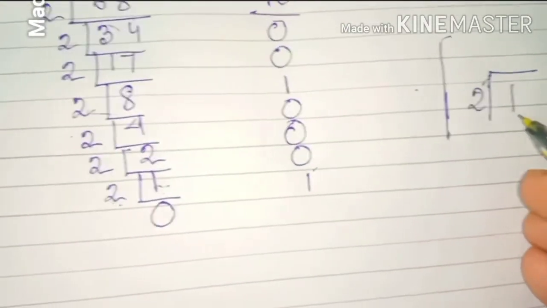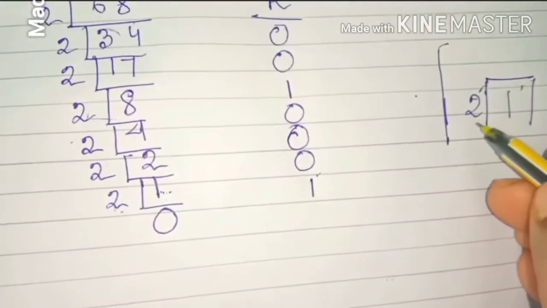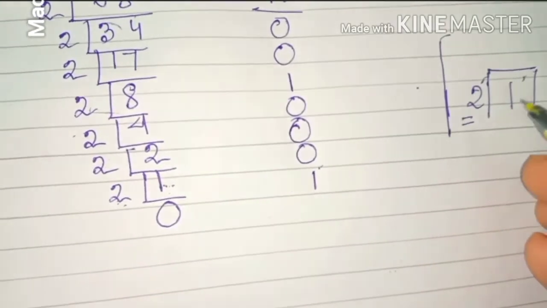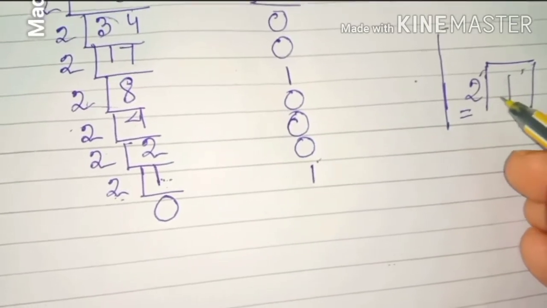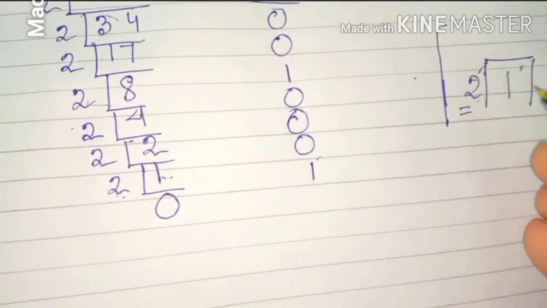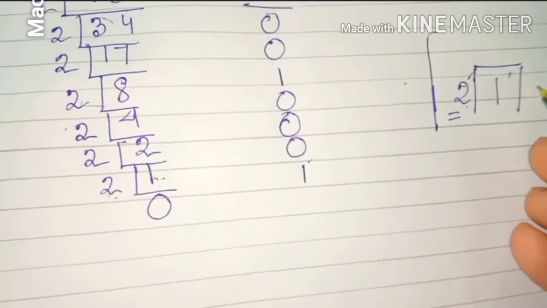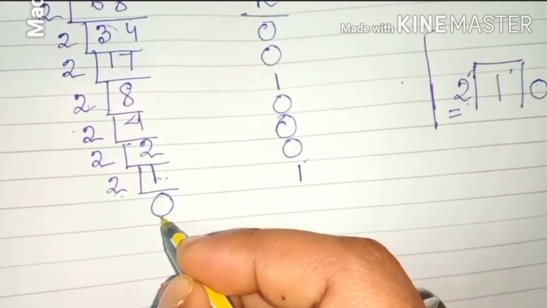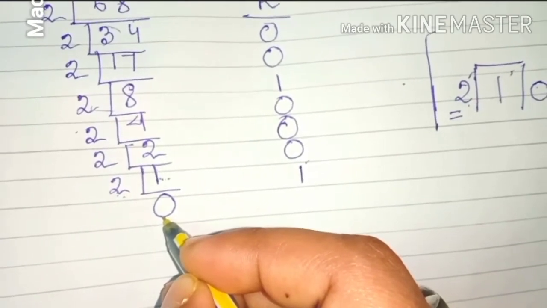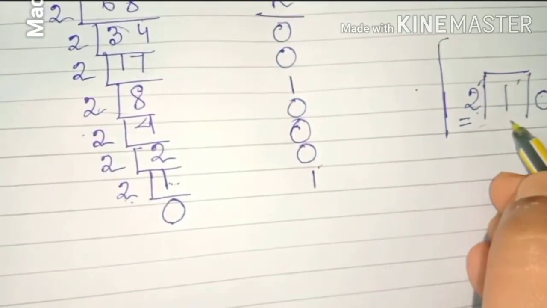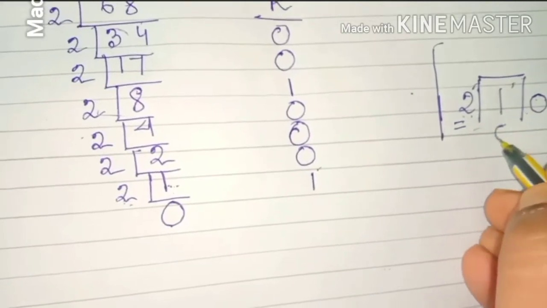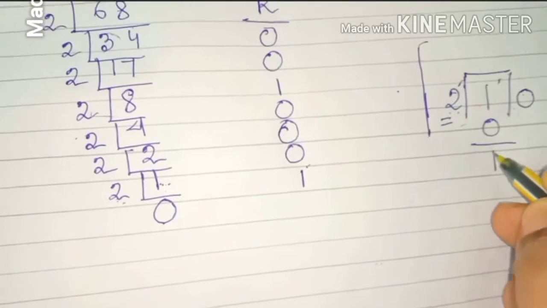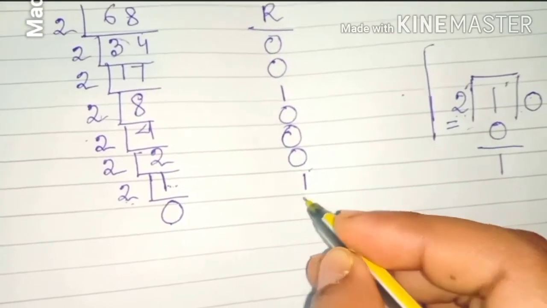This time 2 is not able to divide 1 because it is bigger than 1, so it will not work. Our quotient will be 0. That is why I have written the quotient as 0. So 2 zeros are 0 and you get your remainder 1.